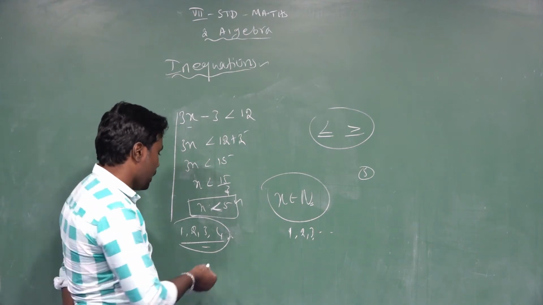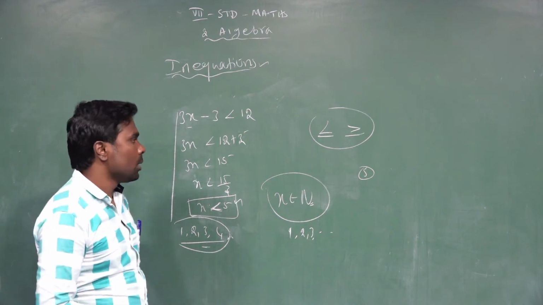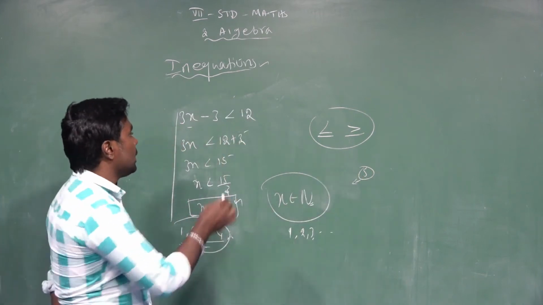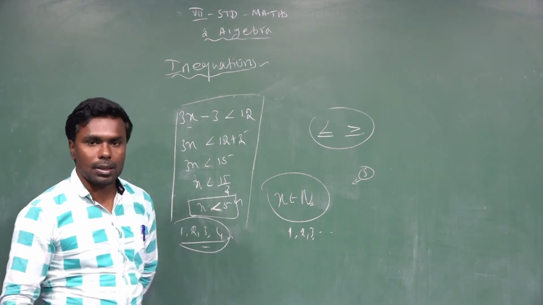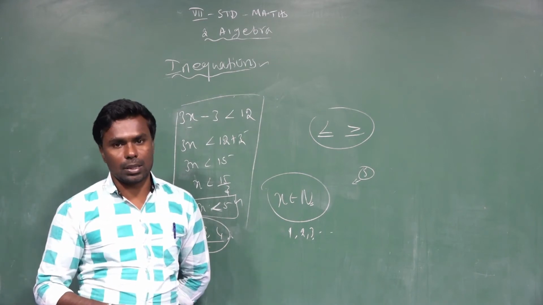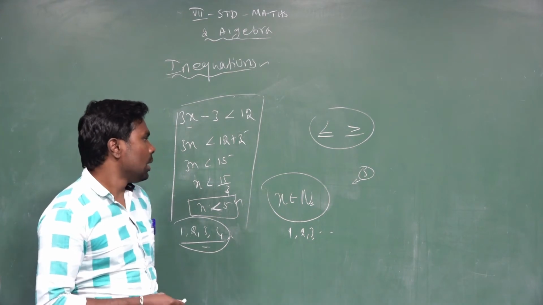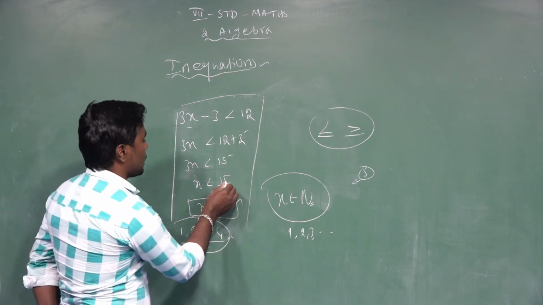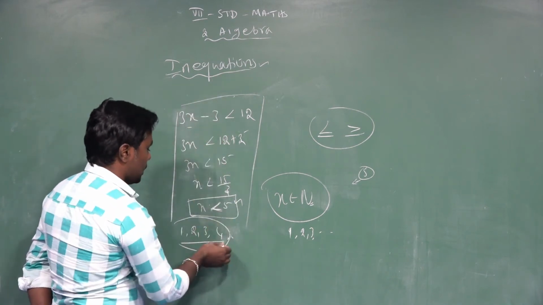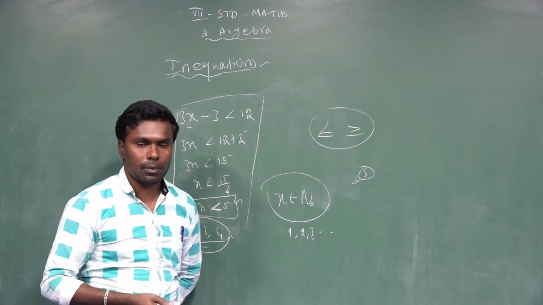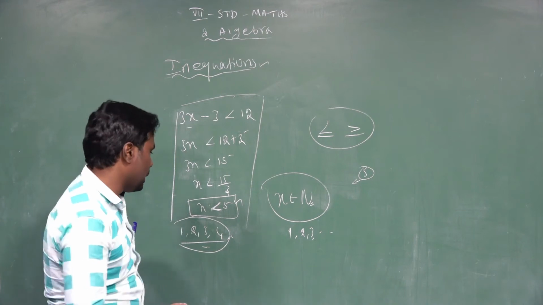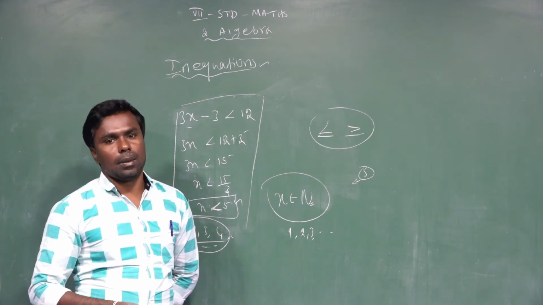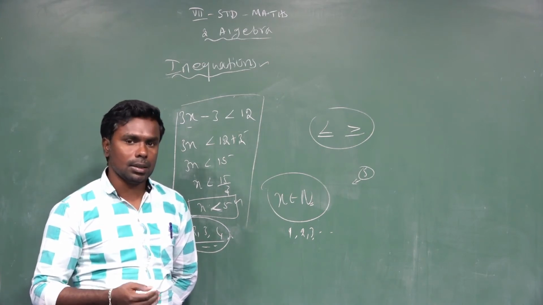So the linear equation has only one solution, but the linear inequation has many solutions. Here x takes the 4 values. So this is the difference between the linear equation and linear inequation.